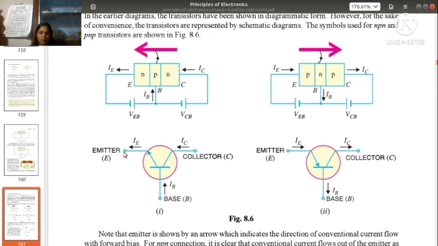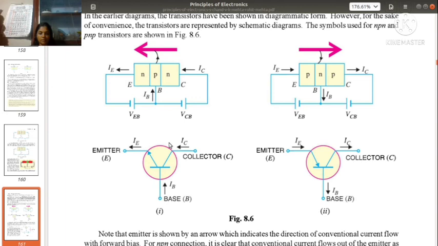The usual symbol is a circle with three terminals: a V shape, a bar and a tail. Here the left side terminal is the emitter, the middle terminal is the base, and this is the collector.